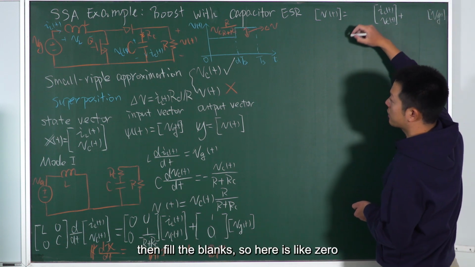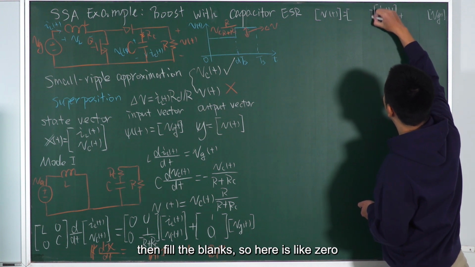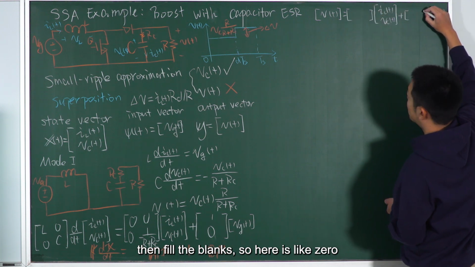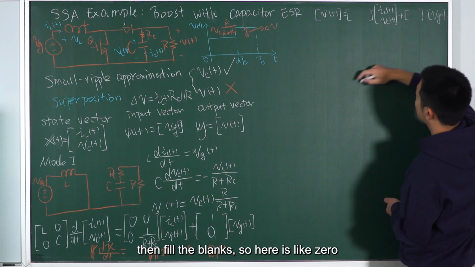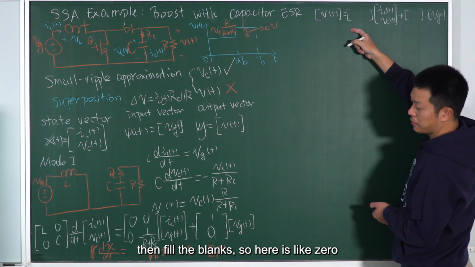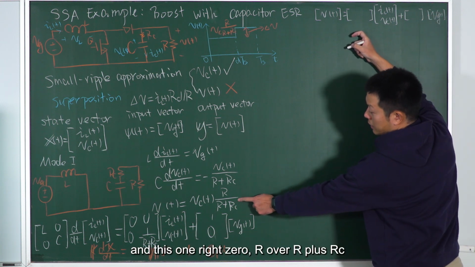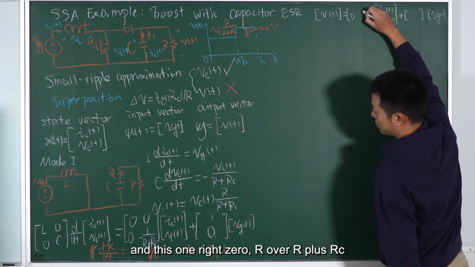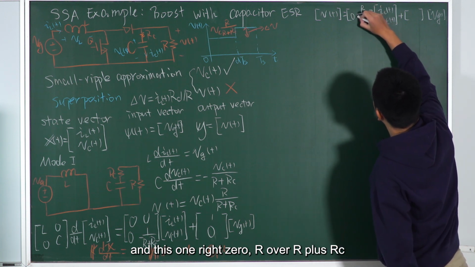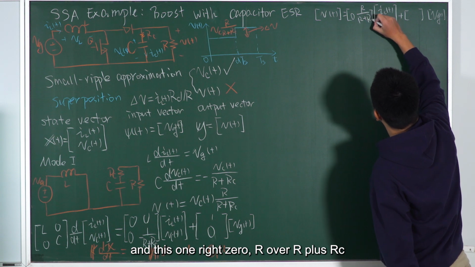Then fill the blanks, right? So here is 0, and this one is 0, R over R plus Rc, 0.